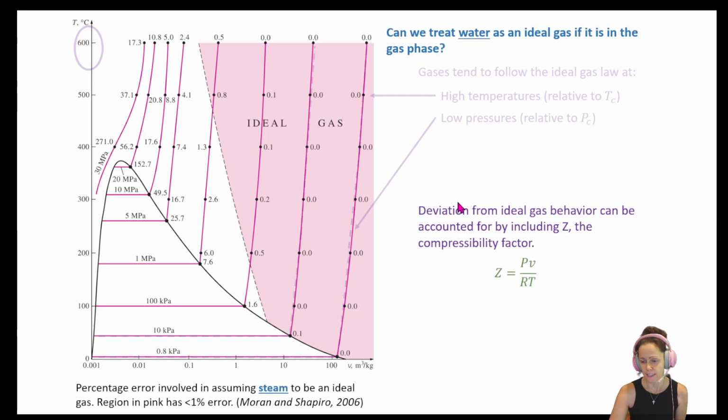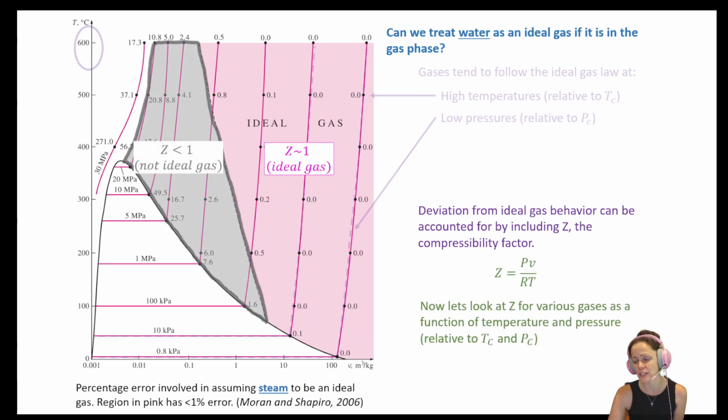And what we can do is define Z, which is called the compressibility factor. This is a parameter that will allow you to define quantitatively how far away from ideal gas behavior you are. So if it's close to 1, then it's assumed to be an ideal gas, right? If Z is equal to 1, it's an ideal gas. And the farther away that it gets, the further away from ideal gas behavior you are.